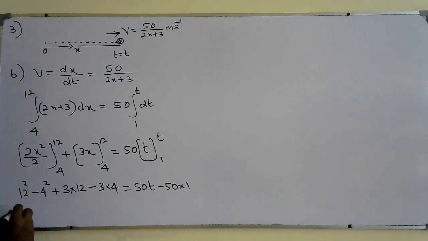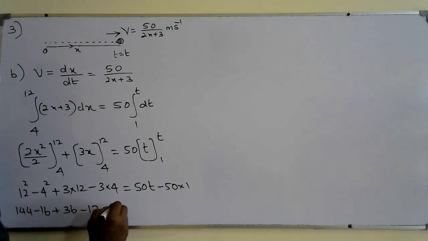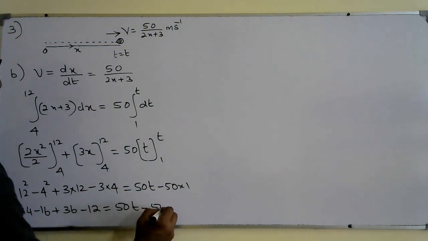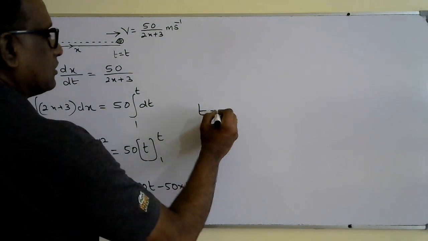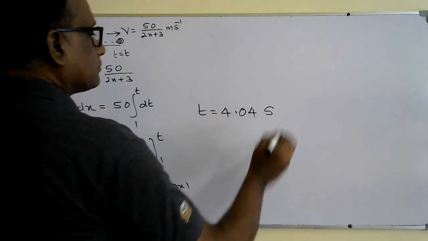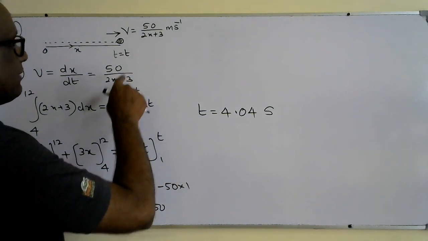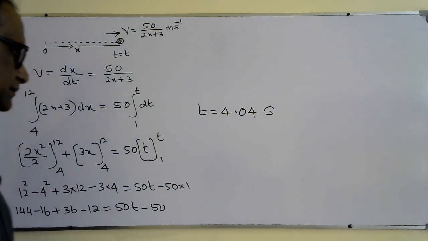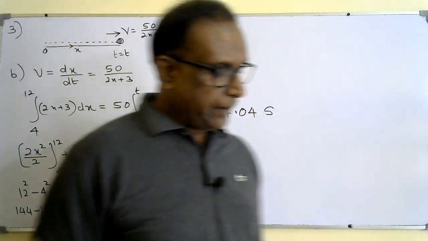So it's going to be 144 minus 16 plus 36 minus 12 is equal to 50t minus 50. Solve it and get the t. You'll get t is equal to 4.04 seconds. Unit is not given but second, because speed is given in meter per second, it must be second. So that's the answer for question number 3, B part.